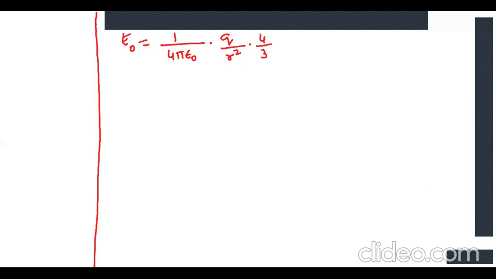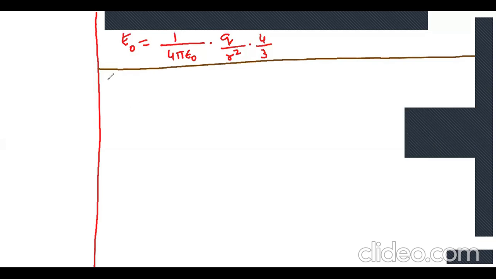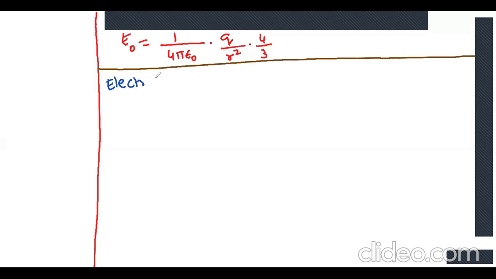Up to here it is electric field due to the multiple charges. Now, electric field due to continuous distribution and discrete distribution. First we'll discuss continuous distribution.